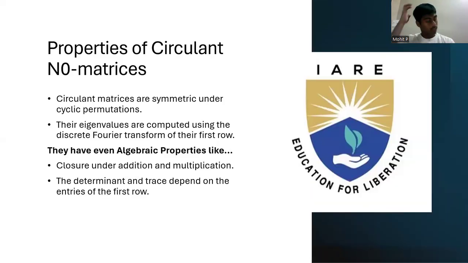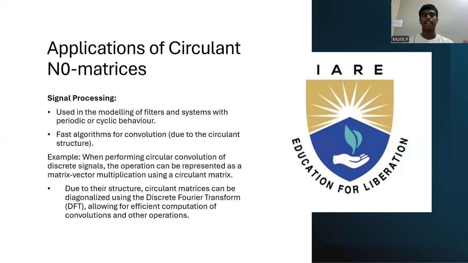The properties of these circulant matrices: they are symmetric under cyclic permutations, and their eigenvalues are computed using the discrete Fourier transform. I'll tell you the formula and procedure, and we will solve a problem as well. They have algebraic properties like closure under addition and multiplication, and the determinant and trace depend on the entries of the first row.